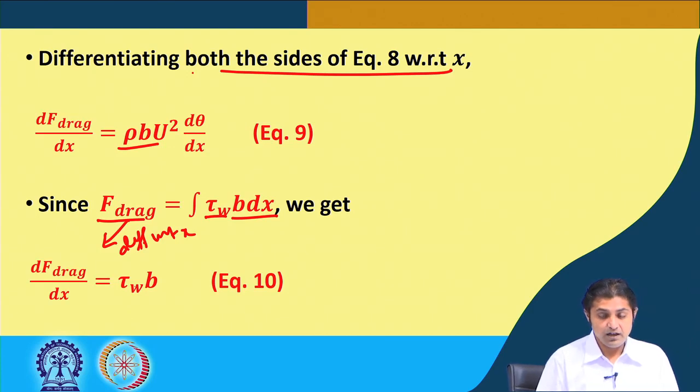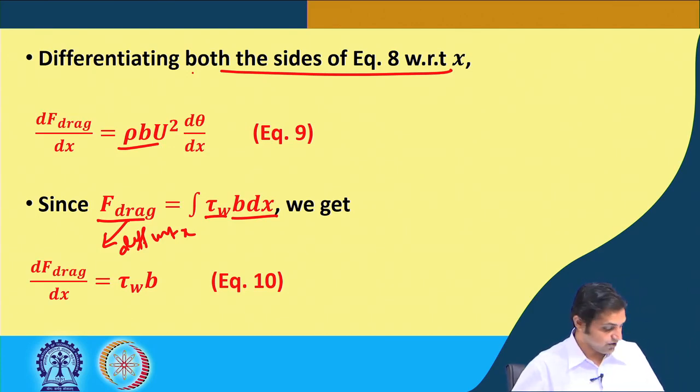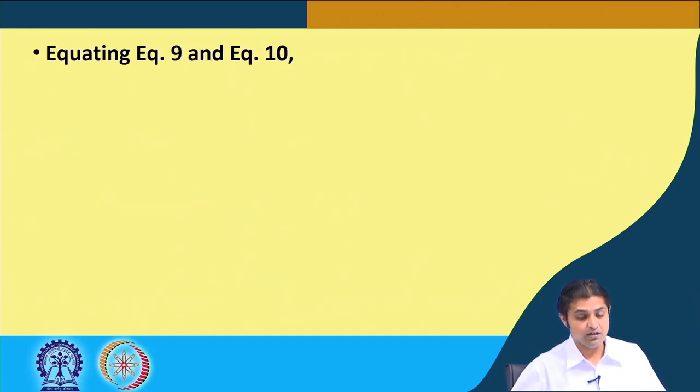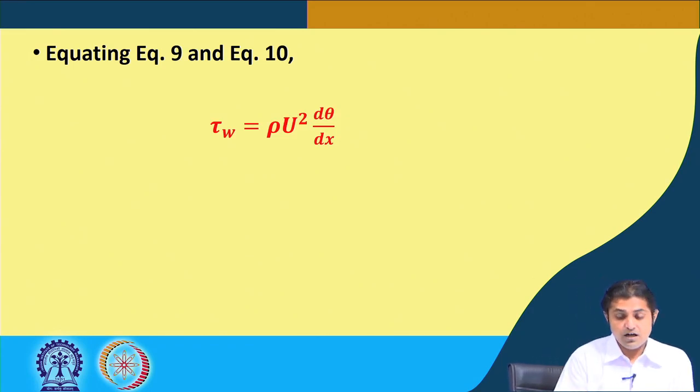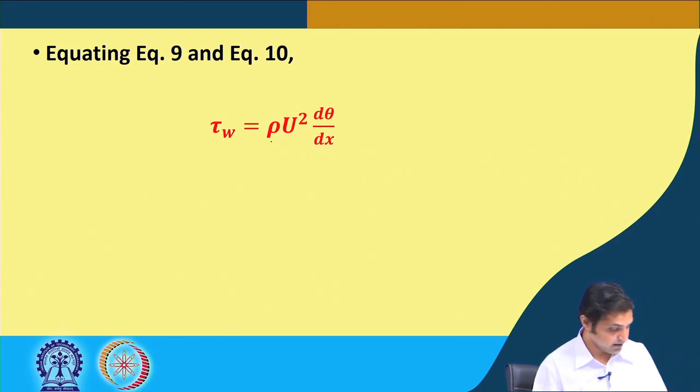Then we are going to equate equation number 9 and equation number 10, and we get tau w equal to rho U square d theta dx.